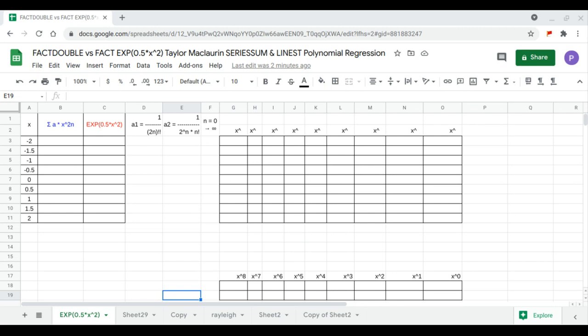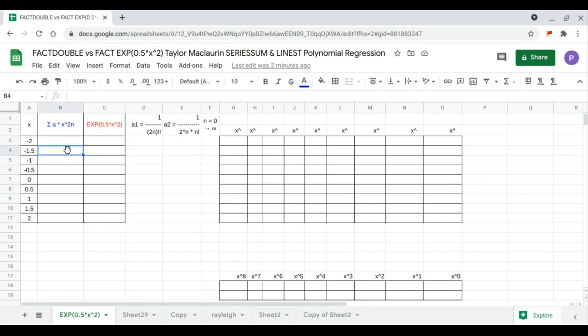In this video, we will use factorial and double factorial to generate the dataset, trend line, and trend line polynomial of exponent 0.5 times x squared.